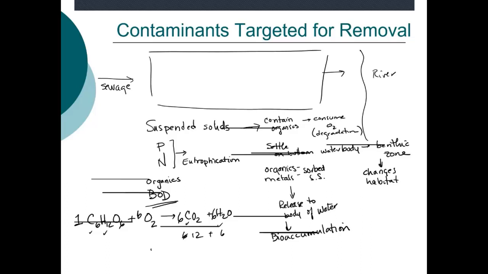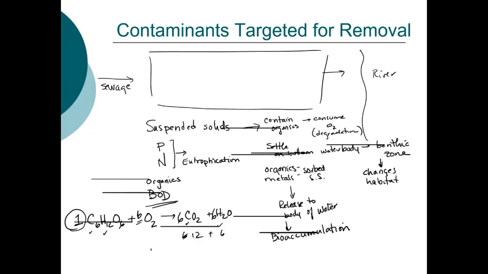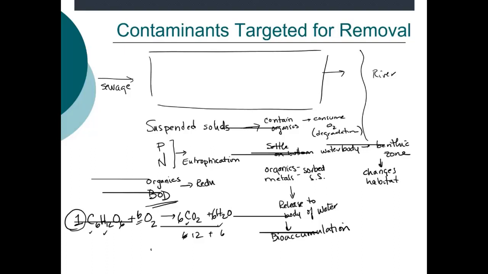So we need 6 moles of oxygen for every 1 mole of glucose we have in the water, just to give you a sense of how much oxygen we need. It's a significant amount of oxygen that's required by these microorganisms. So we want to reduce the amount of organics so that we reduce the oxygen demand. We don't want the body of water to go septic, which means that it doesn't have oxygen.